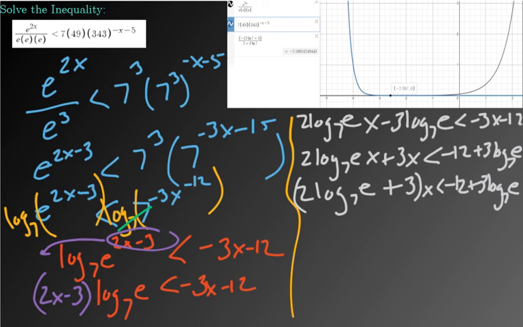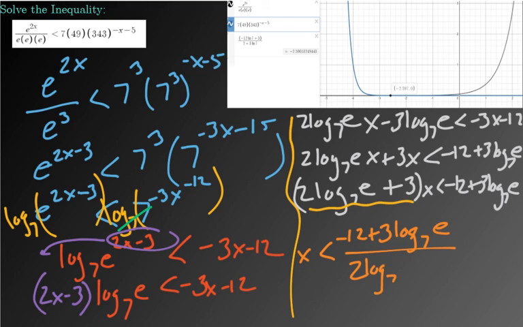And at this point we've got this thing that we can just divide over to the other side. And our final answer would be x is less than minus 12 plus 3 log base 7 of e, all over 2 log base 7 of e plus 3.